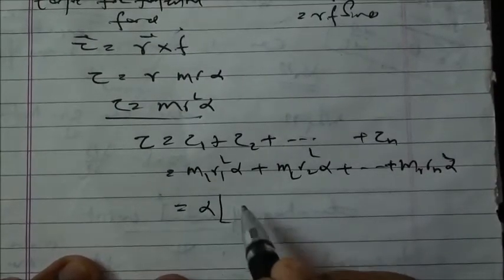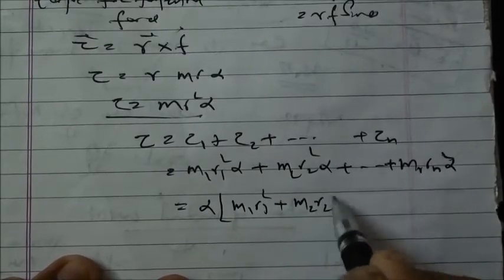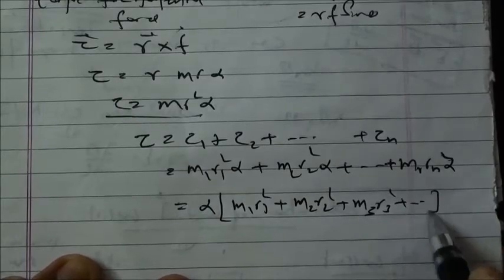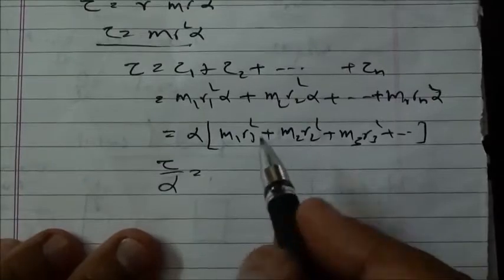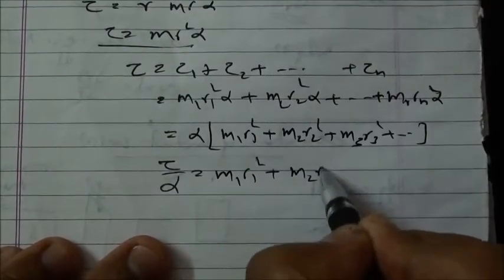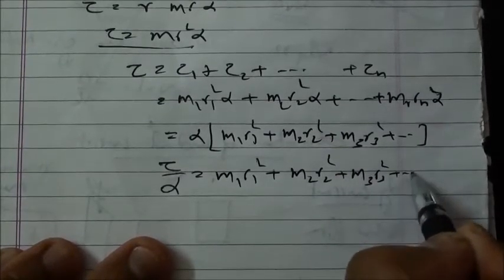So if I take alpha common, we have another quantity here, m1 r1 square, m2 r2 square, m3 r3 square, and so on. Torque upon alpha is m1 r1 square plus m2 r2 square plus m3 r3 square, and so on.